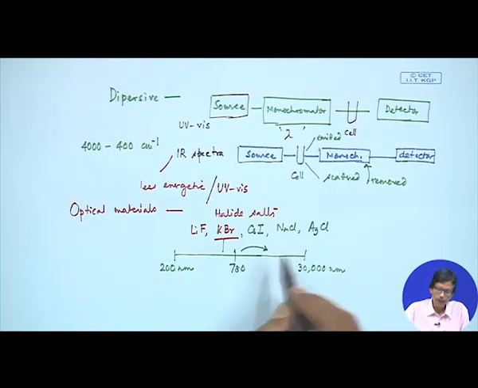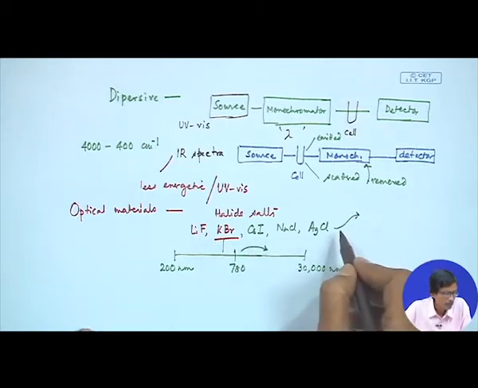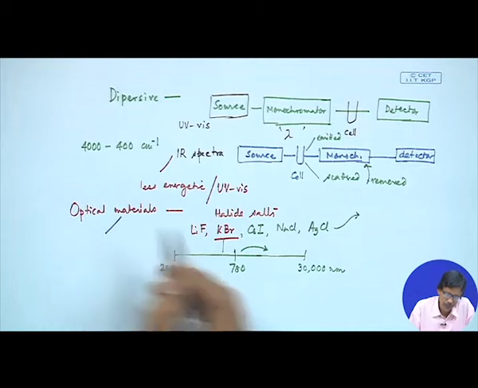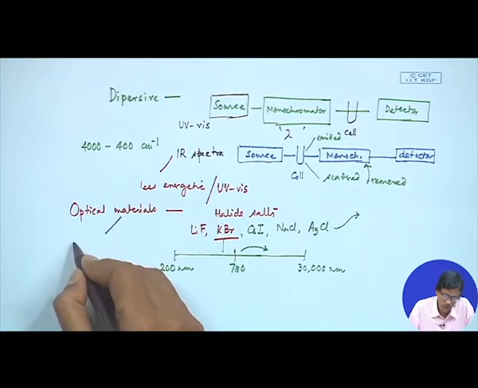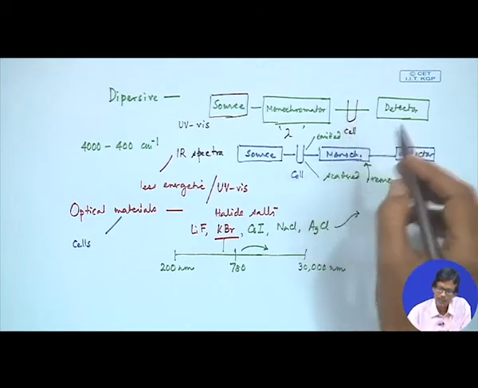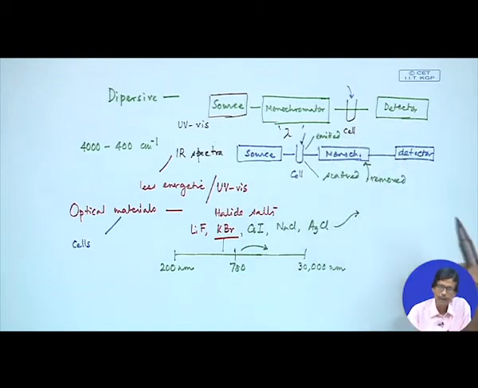So, these optical instruments, what we can use, the material is of these salts, because all the different optical materials will be utilized for making the cells where we can put the sample. Here also and here also we have the samples.